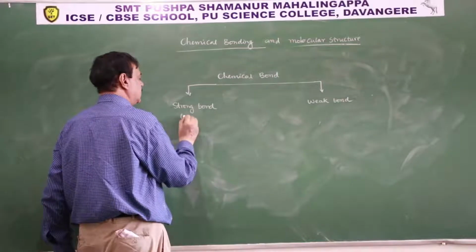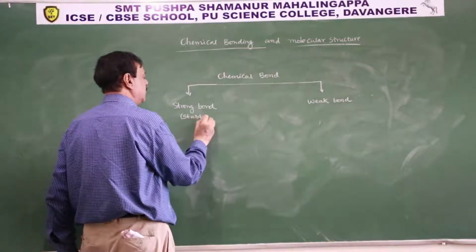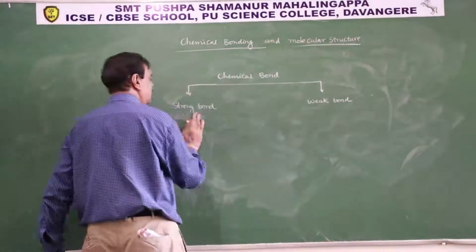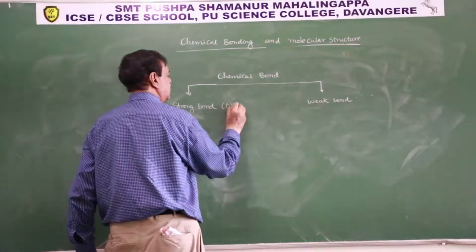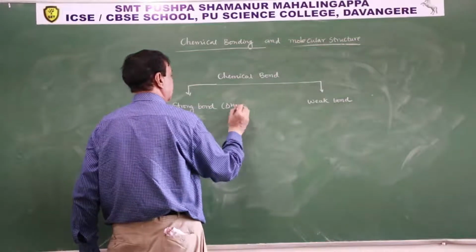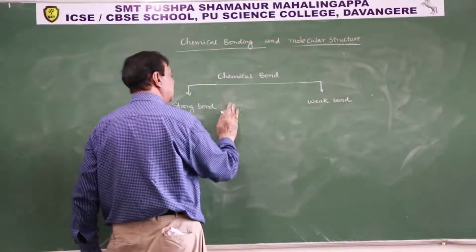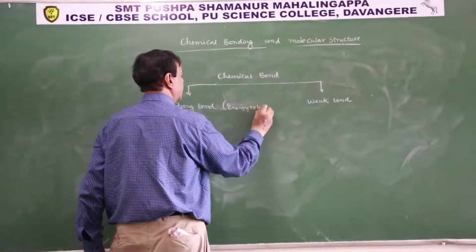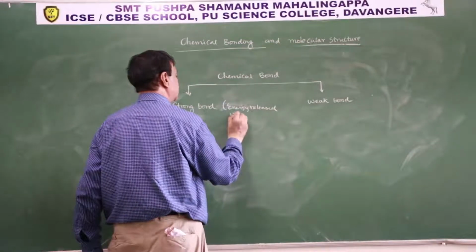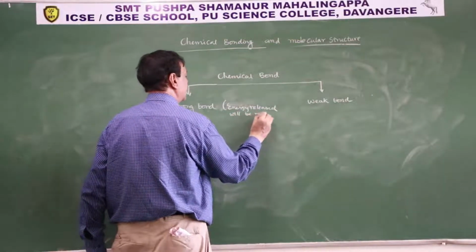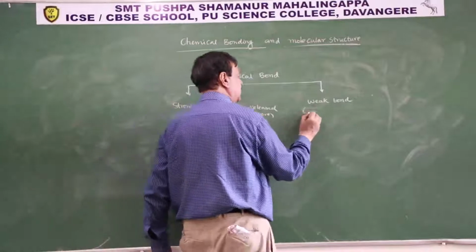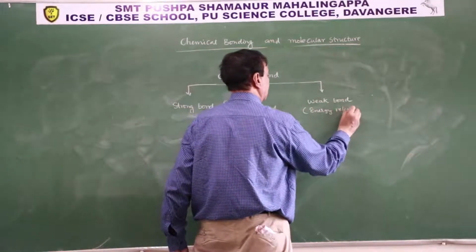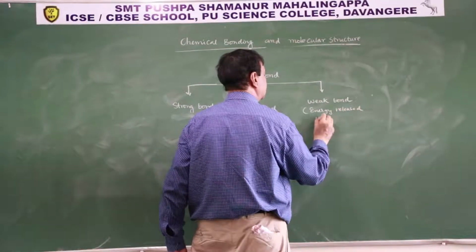Strong bond is stable. In weak bond, more amount of energy is released. Suppose this is delta H is equal to minus, but energy release will be more. Energy released will be more. Energy released will be less.